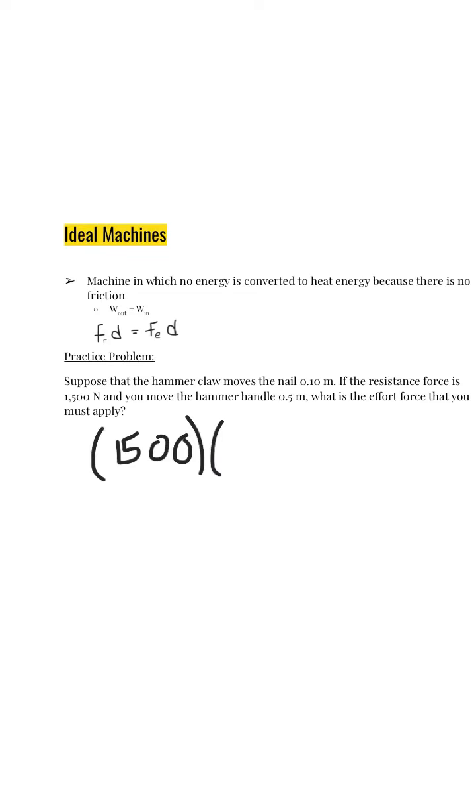The distance that the resistance force is moving, if we look at this, the hammer claw is moving the nail 0.1 meters, and you move the hammer handle 0.5. The 0.10, that's going to be our distance that the resistance moves because that's what the hammer is moving the nail.